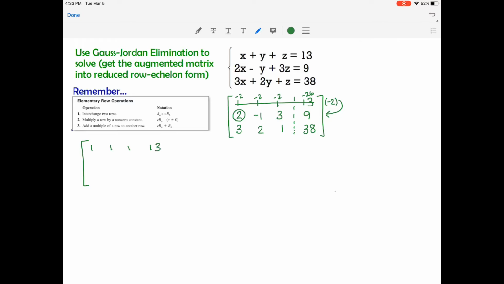I could throw the -2 in there if I wanted to, but it just makes the numbers bigger, so I'm going to leave it. And then my middle row gets replaced because it's the 2 I was trying to eliminate. So I'm going to do -2 plus 2, -2 plus -1, -2 plus 3, and -26 plus 9.